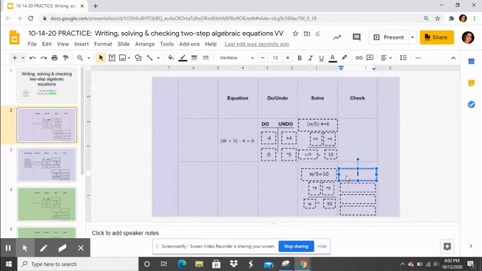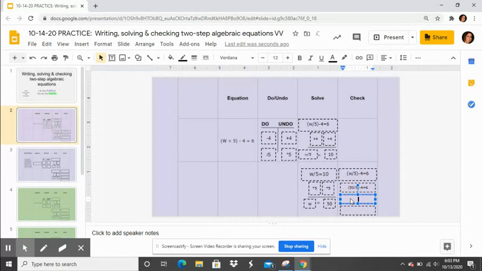All right, so now for my check, I start by writing the original equation. W divided by 5 minus 4 equals 6. I'm then going to substitute my value I got for w. So that's going to be 50 divided by 5 minus 4 equals 6.